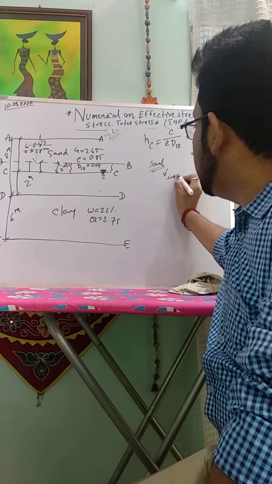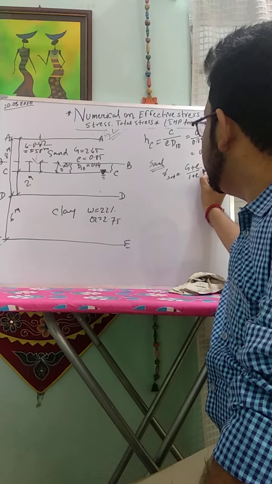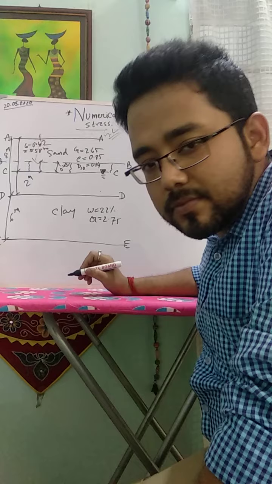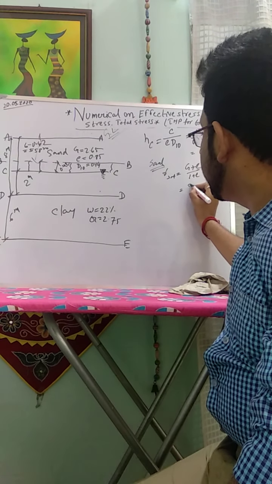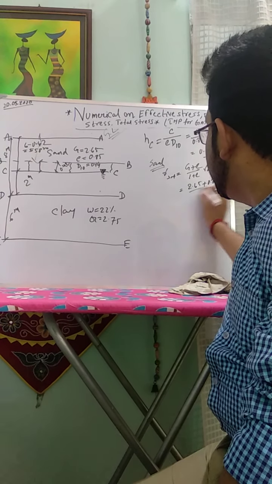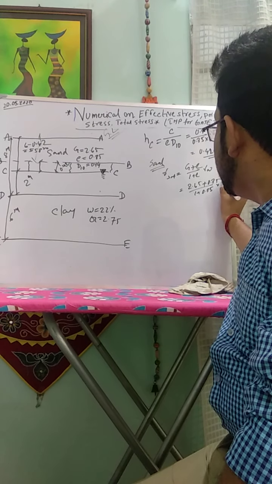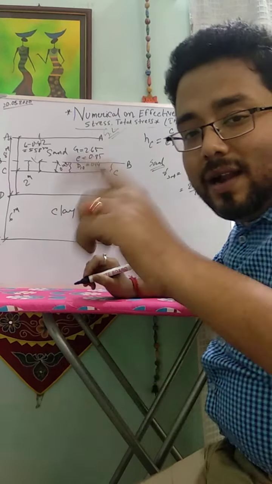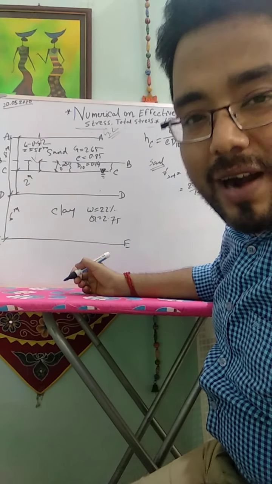gamma sand equals, we know, (G plus e) by (1 plus e) times gamma w. Put the values: G 2.65, e 0.85, plus 0.85, and gamma w is 1 ton per meter cube, the unit weight of the water.